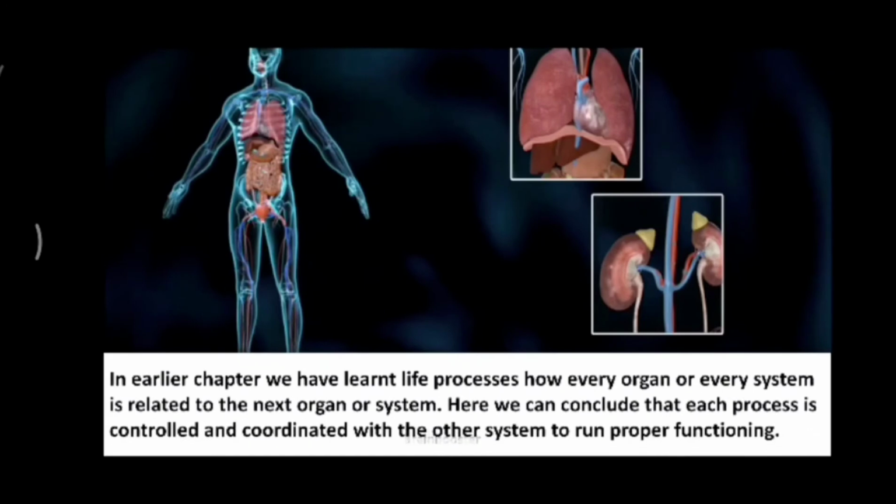In the earlier chapter, we learned about life processes, how every organ or every system is related to the next organ or system. Here we can conclude that each process is controlled and coordinated with the other systems for proper functioning.